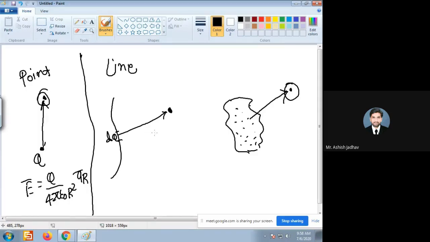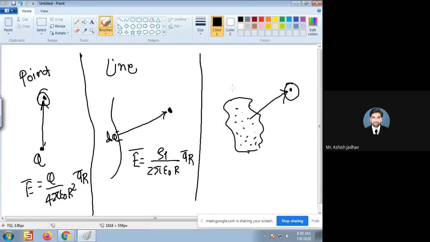Rather than doing this, we came across an expression for the final electric field intensity: E bar is equal to rho L upon 2 pi epsilon naught r a bar r. So this is in the case of line charge.